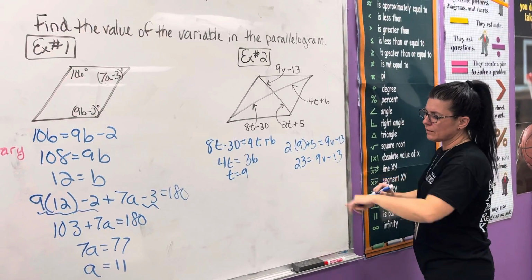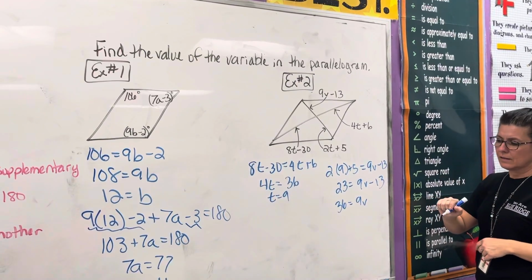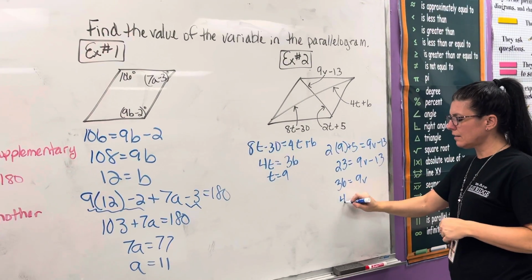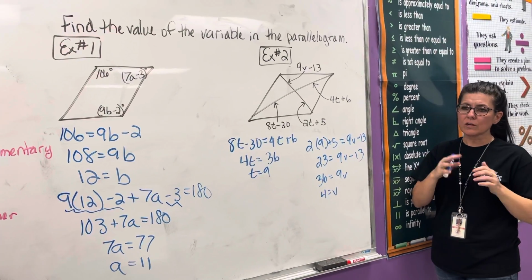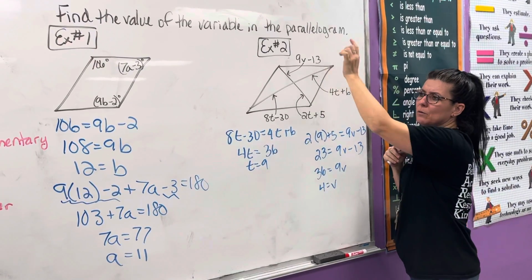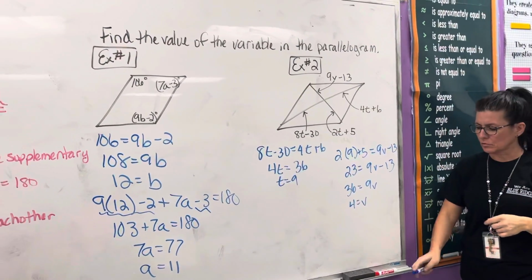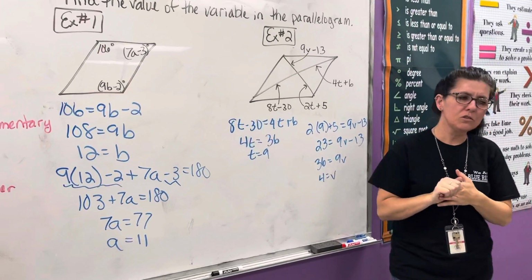Move my 13 over. Divide both sides by 9, and I get v is 4. So again, before you start just assuming, make sure you understand why. It is a parallelogram, which allows us to use those characteristics as properties. Okay, let me keep moving on to 8.3.